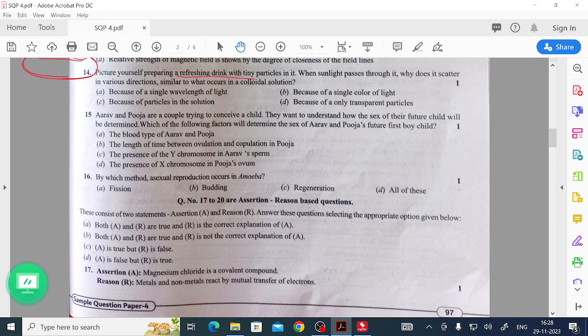This represents a colloidal solution. When sunlight passes through it, why does it scatter in various directions, similar to what occurs in a colloidal solution? What is the answer? Because of the particles in the solution. Next.